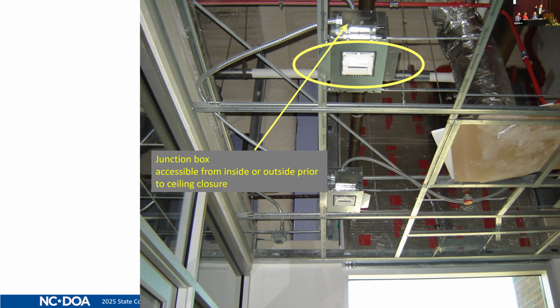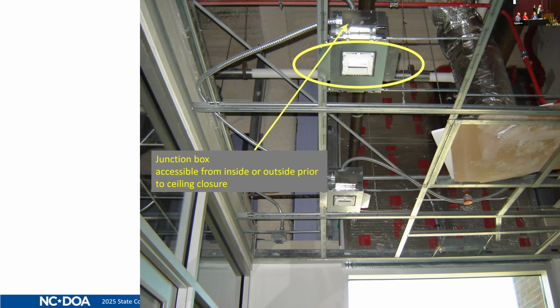And that little white box that you can see for this particular fluorescent fixture is an interesting thing because this is going to be a hard ceiling. And that white box that they've added is a mud ring that's going to get in the sheetrock. Tell me how you're going to put your hand through that aperture to try and service that fixture at the end of construction. That's not going to happen.